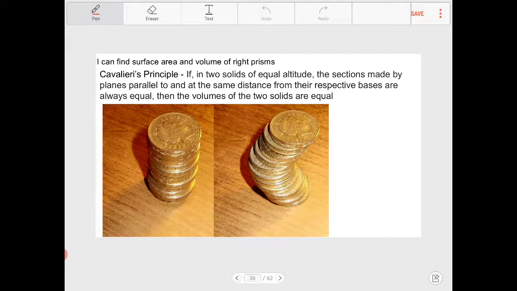Even though one is not vertical and the other is skewed, both of them will have the same exact volume. They're made up of the same quantity of pennies. So it doesn't matter whether it's a right or an oblique prism. If they have the same height, the same altitude, they will in fact have the same volume.